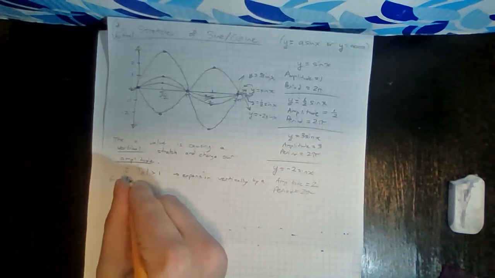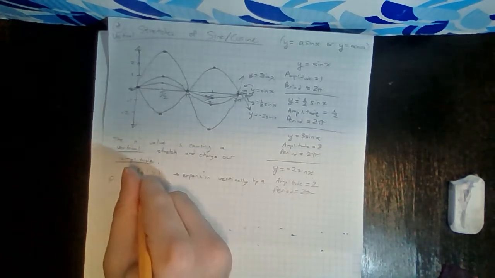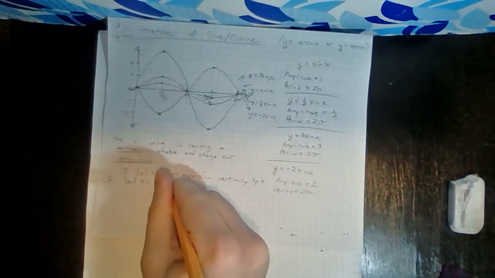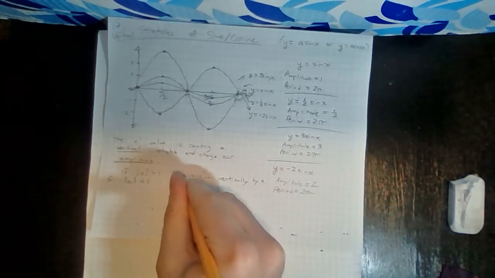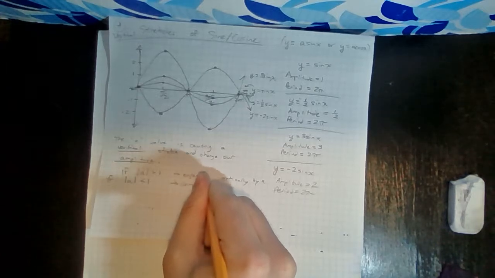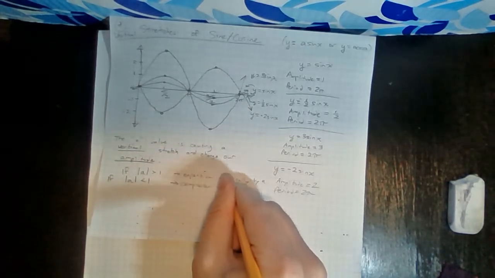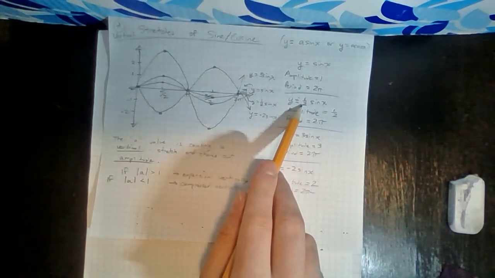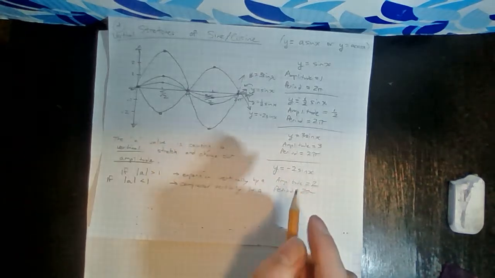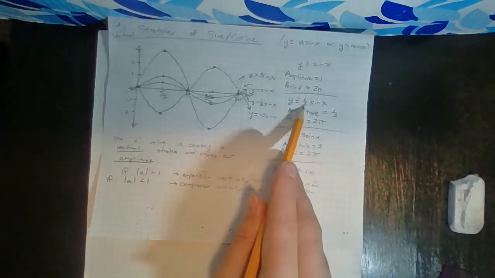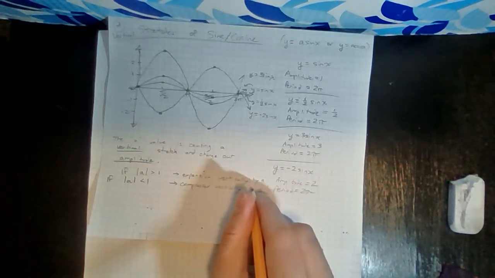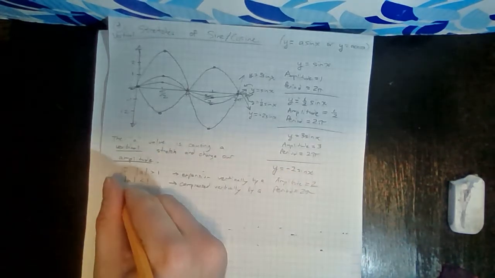If that absolute value is less than 1, we're compressed vertically. And compressions, we can either say we're compressed by a half. You can also say you're compressed by 2. Generally, we prefer to use the fraction because it's a little more self-explanatory.